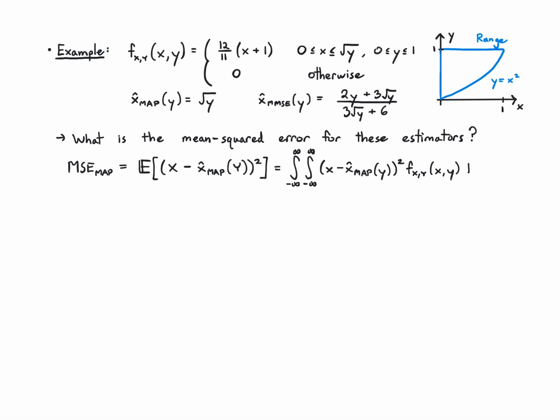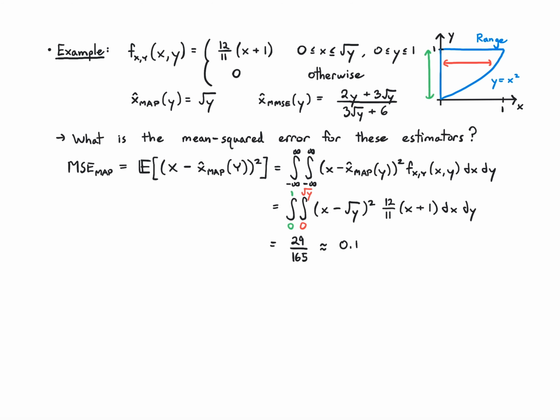This is still abstract. I need to put in the integration limits. So I'm going to go from 0 to 1 for y and 0 to √y for x. And I'm going to plug in x minus the form of the MAP estimator, which is √y, and the form of the joint PDF, which is 12/11 (x + 1), and get, again using some symbolic integrator, 29/165, which is about 0.18. That's my mean squared error there.